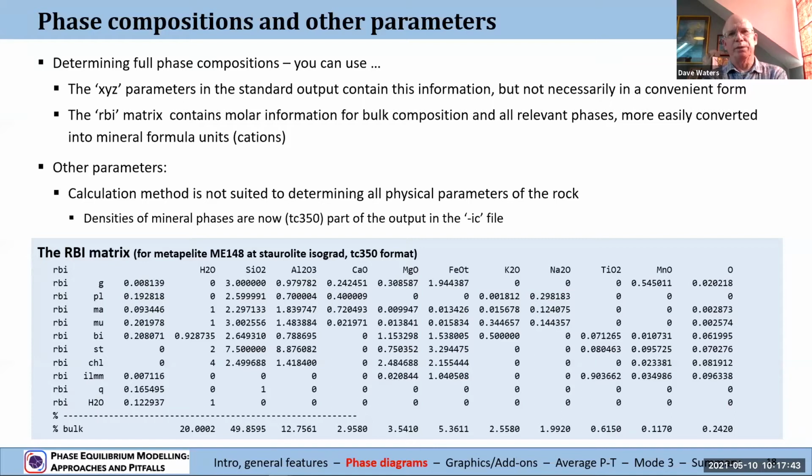You can ask for it to be outputted in the standard output with a script, and that is basically a matrix of the molar compositions of each phase. You can see the example there in the lower half of the slide, and for the system as a whole, so it will calculate a molar bulk composition for you. That's useful if you want to put that back into another calculation, particularly because you can adjust it and do some fractionation calculations in that way.